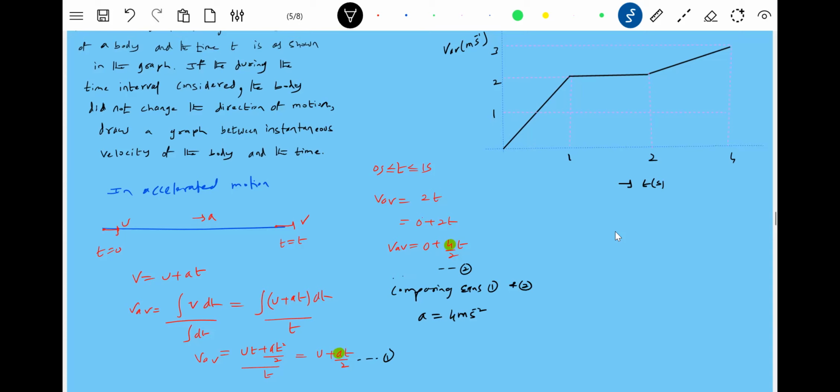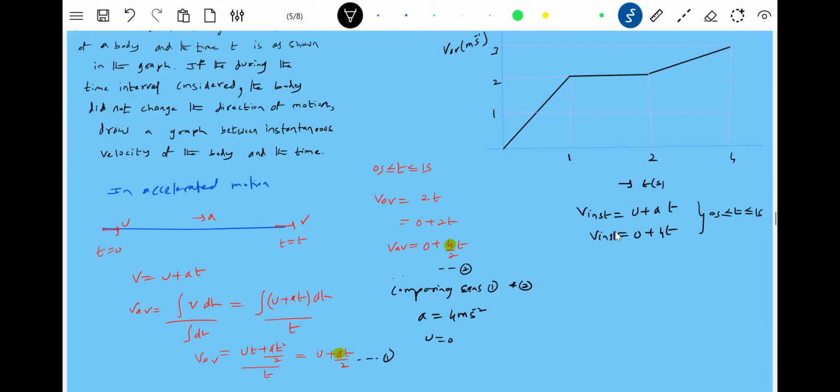Then what was the initial velocity? It will be 0. Can we calculate now the instantaneous velocity? V instantaneous should be equal to u plus at, 0 plus 4t. So this should be the curve for t from 0 to 1 second.